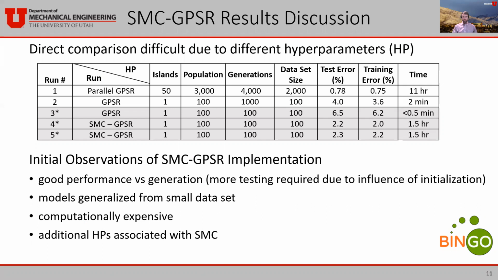The table has some comparison SMC trial runs with associated deterministic GPSR trial runs. The ones in gray in rows 3 through 5 are runs that had similar hyperparameters, like population and generation, using the same data set.